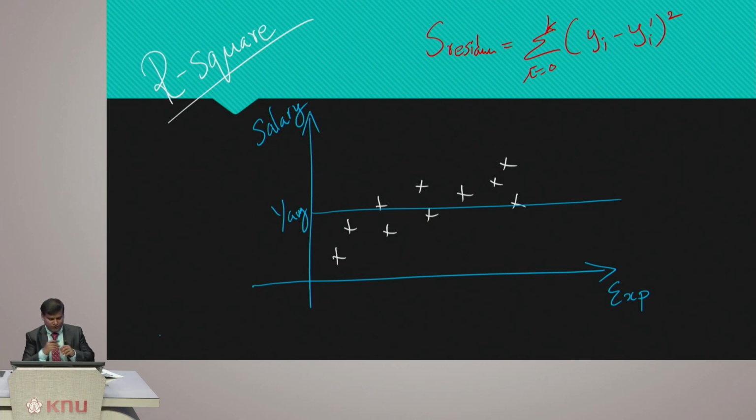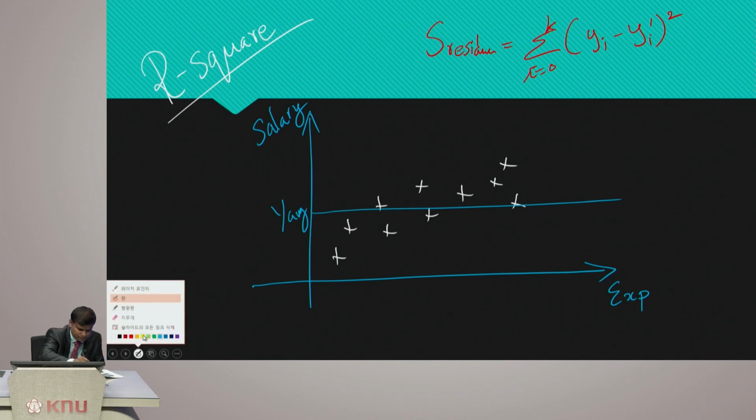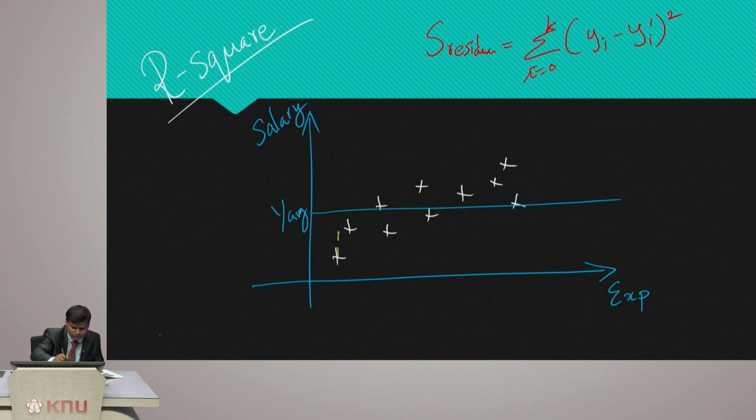You are drawing the line for the average salary, and now we are trying to compare all observed values with respect to the average value. So these points are all observed values, and you are going to compare that with the average value.